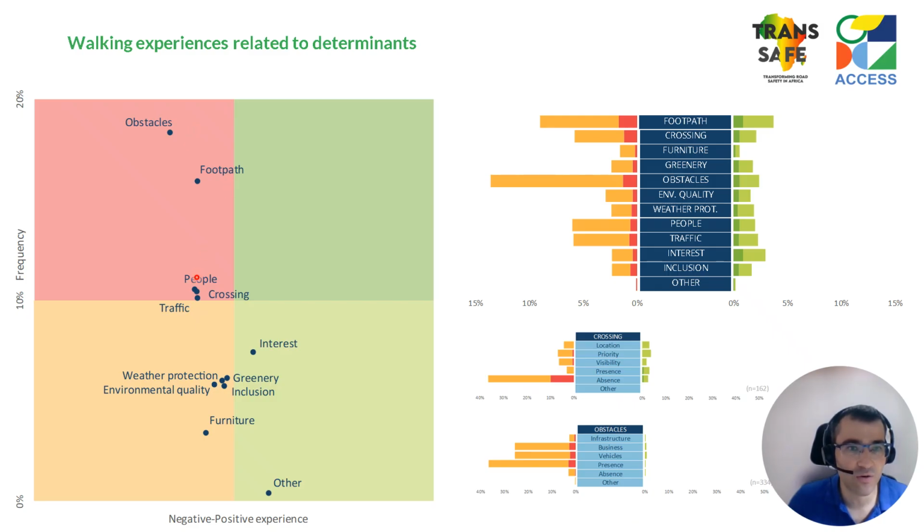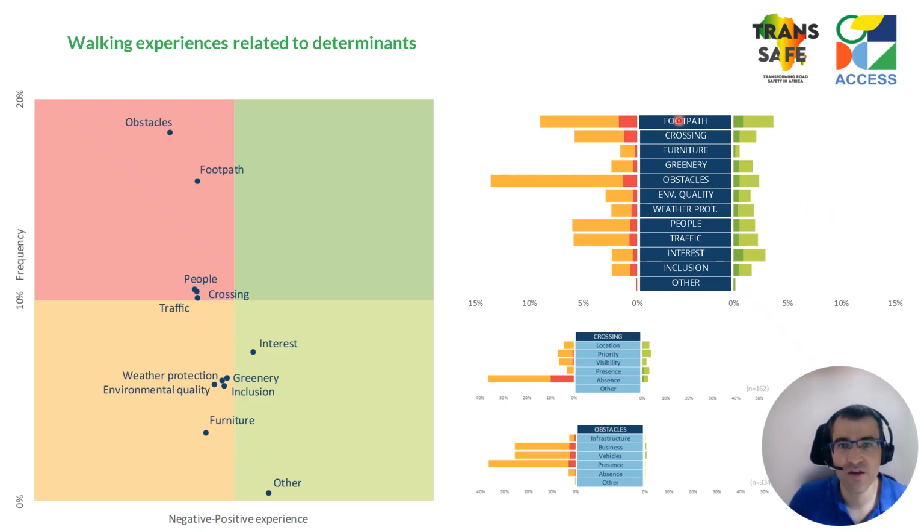Then footpath, other people in the street, crossings, traffic, and so on. And then in this graph, if the elements are placed in this area, in the red or orange area, it means that they're usually related to more negative experiences, whereas elements in this area mean that they are usually related to more positive experiences. This is another graph that shows the same data.